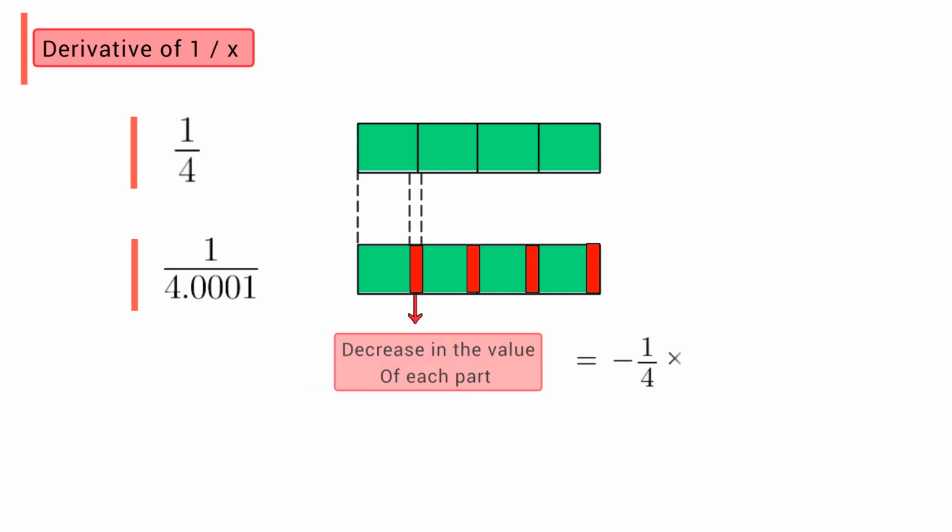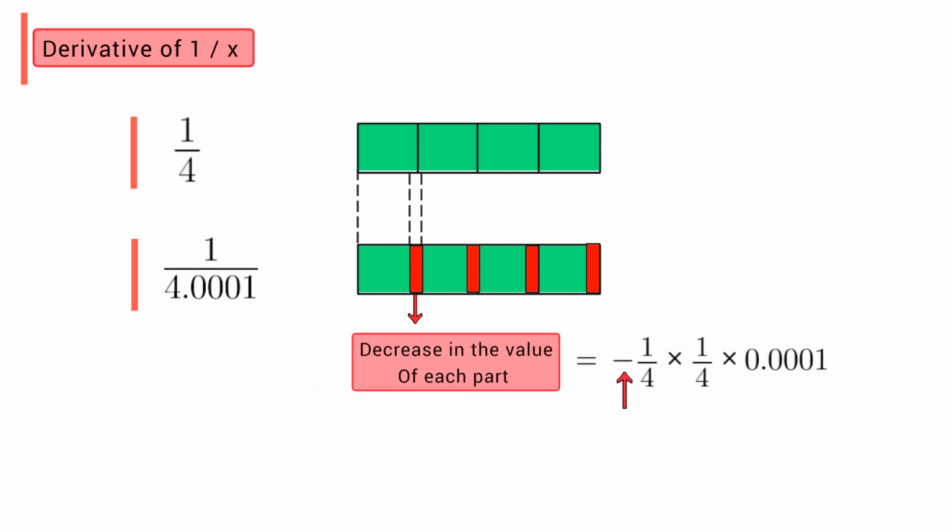And since this value is the amount of decrease in the function, we would have to put a negative sign. Therefore, the change in value of the function will give minus 1 over 4 squared times 0.0001. This is the change in a single part when the denominator goes from 4 to 4.0001.